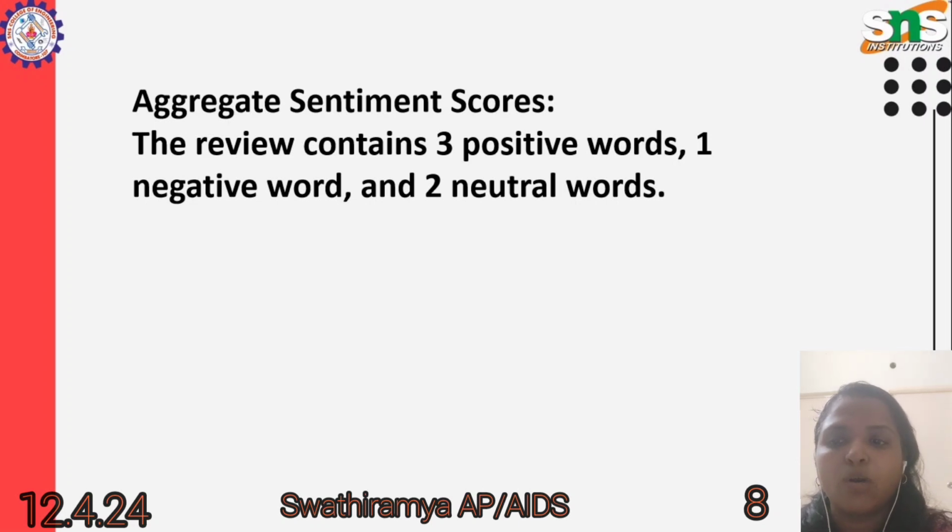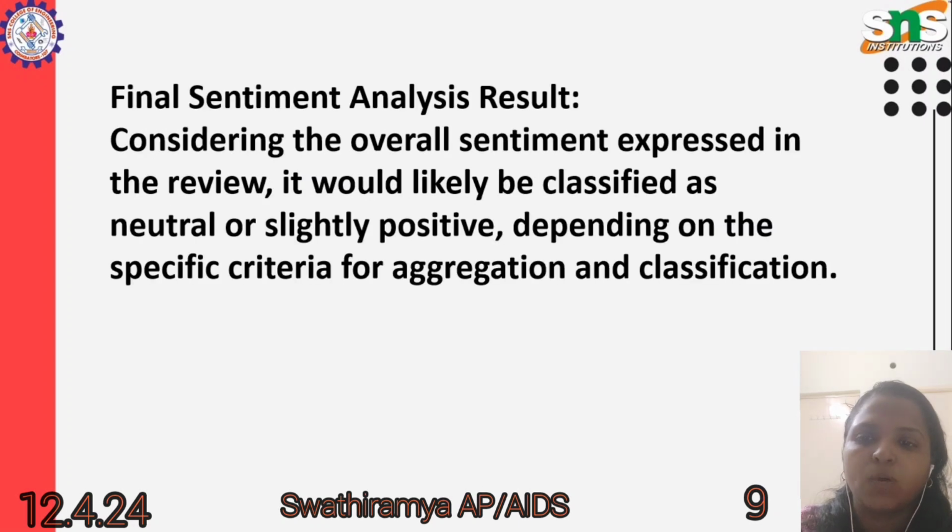Considering the overall sentiment expressed in the review, it would likely be classified as neutral or slightly positive, depending on the specific criteria for aggregation and classification. We have more positive words, so we can conclude it as slightly positive, and there are 2 neutral words and only 1 negative word. So we can put it as neutral cafe, or slightly positive.